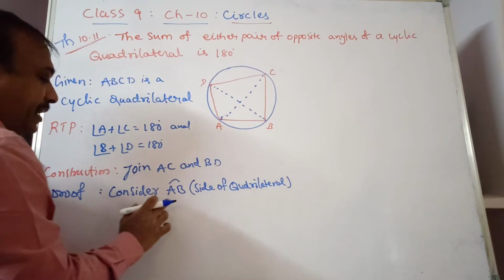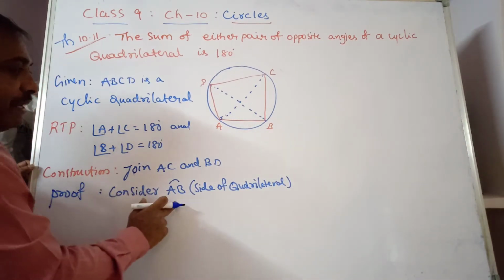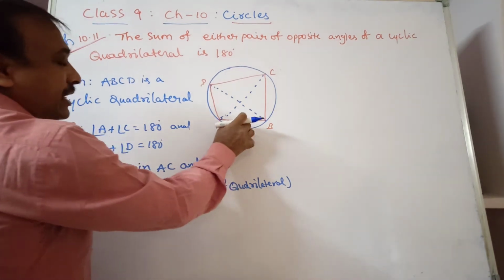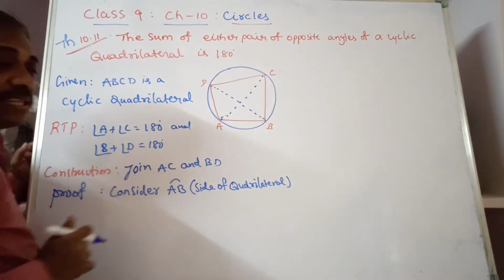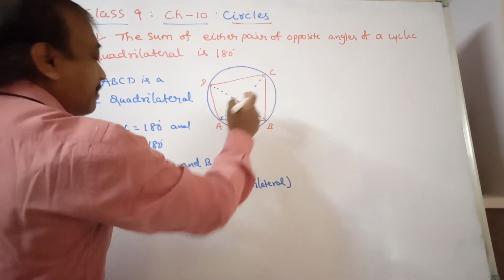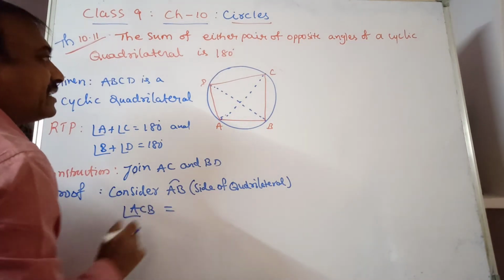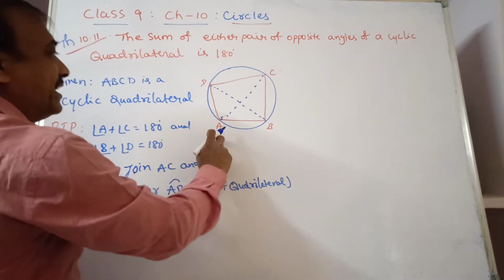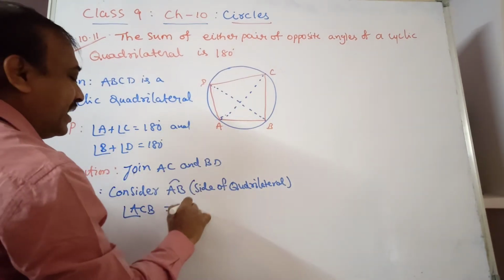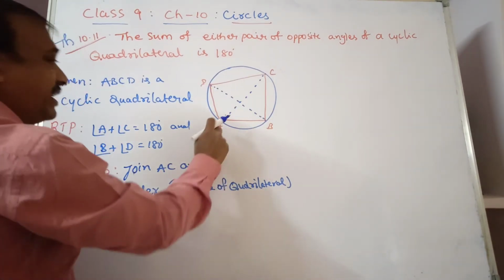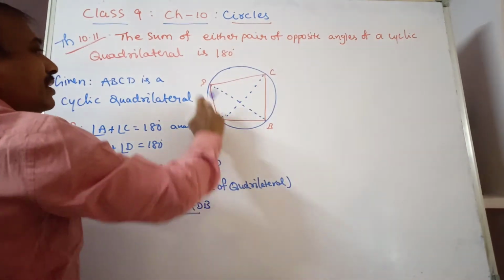Consider AB. Angles on the same segment of a circle are equal, which are angle ACB and angle ADB. Angle ACB is equal to angle ADB.